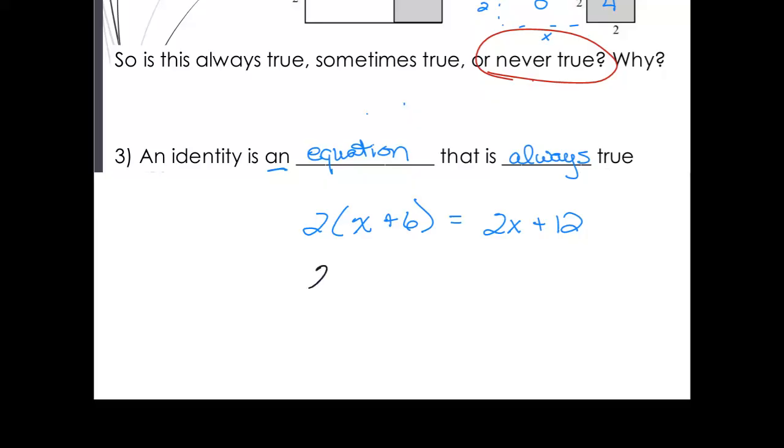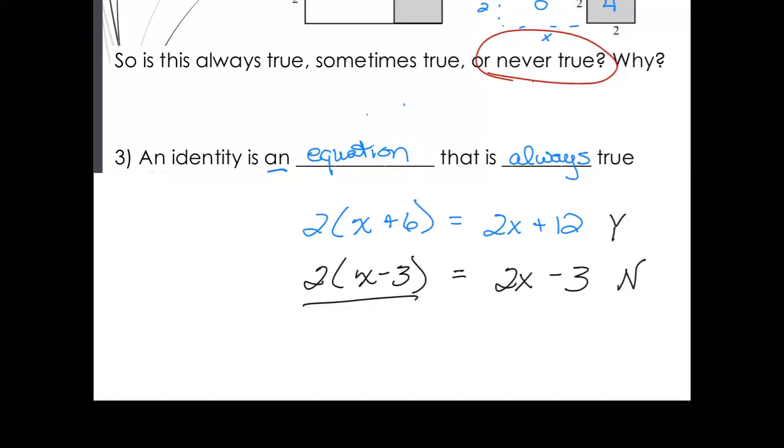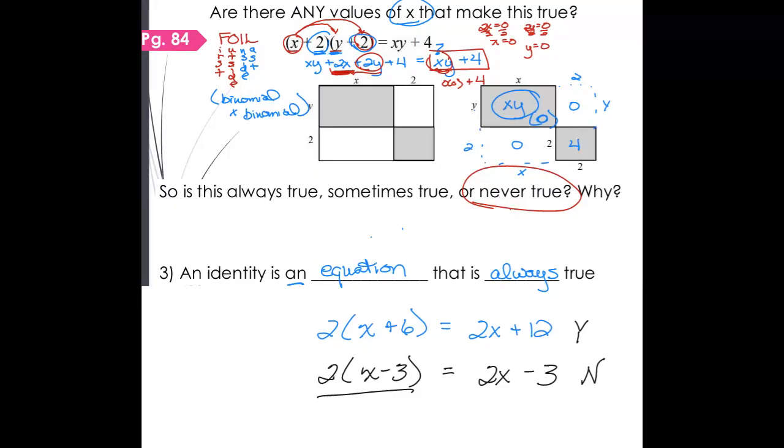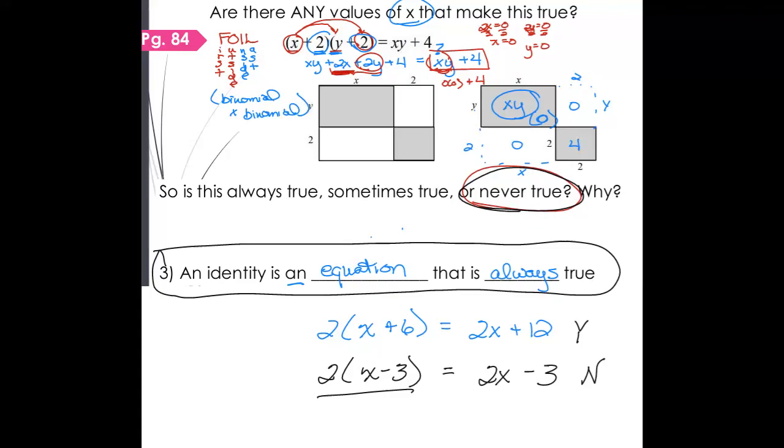Or when it said 2 times x minus 3, and was that the same as 2x minus 3, you said, no, that's never true, because following distributive property, it didn't come out to be the same. It didn't follow. Okay? All right. Questions about this? So this is never true, and an identity is an equation that is always true, following distributive property or some other properties.